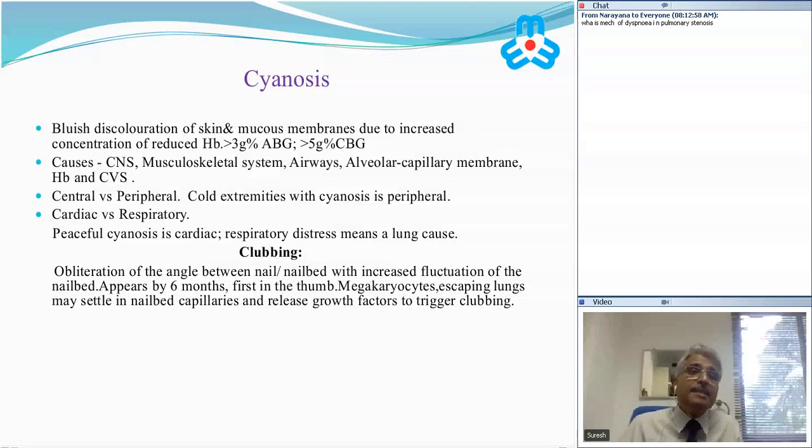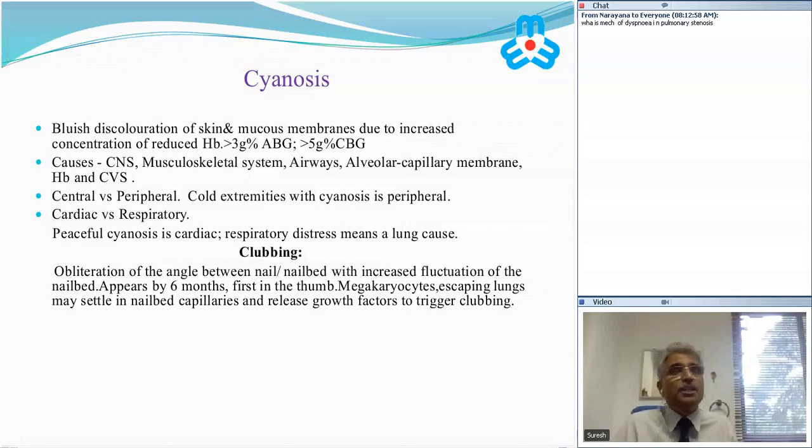Yet another distinction that you need to make, particularly in small babies, is whether the cyanosis is cardiac or respiratory. The rule of thumb is, if the child is peacefully cyanosed, meaning you find that the baby's saturation is 70%, but the baby looks very comfortable, that is cardiac cyanosis.